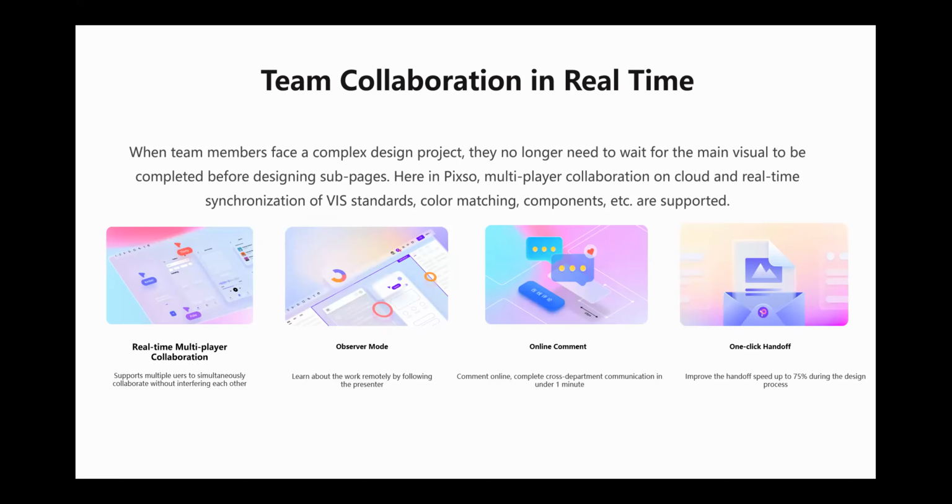Sometimes we need to present our design draft or our prototypes to our colleagues, and sharing screen has some kind of delay, and we want to make sure this can be seen as fast as it can. So we strongly suggest you use the observation mode. By just one click on the person you want to observe, you will follow his screen.